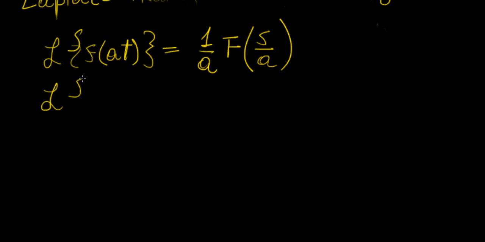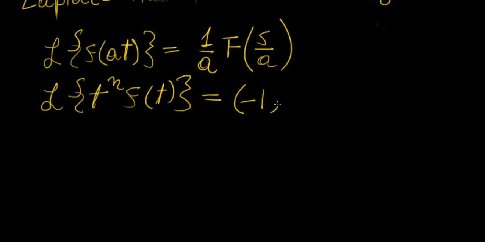The second property: let's say we have a product of functions, in this case t to the power of n times a function of time. This is going to be equal to minus 1 to the power of n times the nth derivative of that function of frequency, so the nth derivative of F of s.